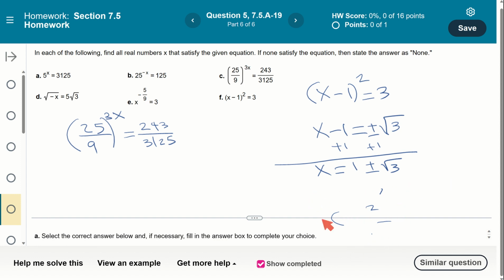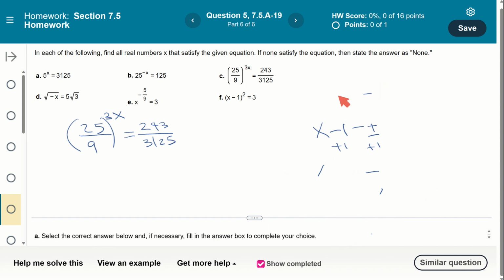All right, so what we're going to do is look at the prime factorization of 25, which we know is easy. That's 5 squared, right? And we know 9 is 3 squared, and that's to the power of 3x.